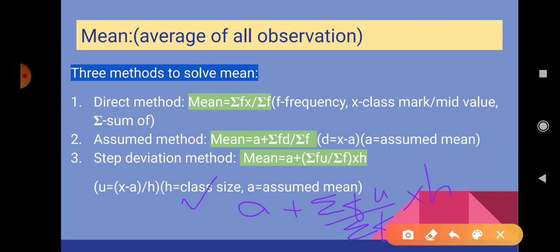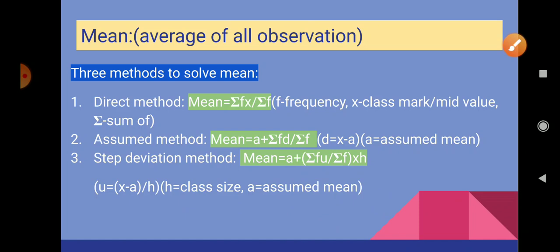How to find u? u is d by h, where d is equal to x minus a, the class mark or mid value minus the assumed mean. That means we have to divide d by the class size, upper limit minus lower limit. When you do the problem, you'll understand better.